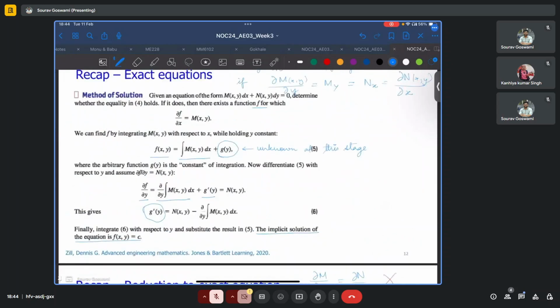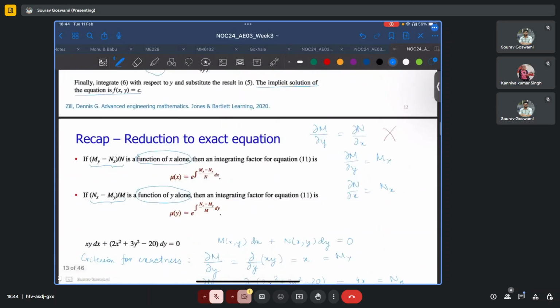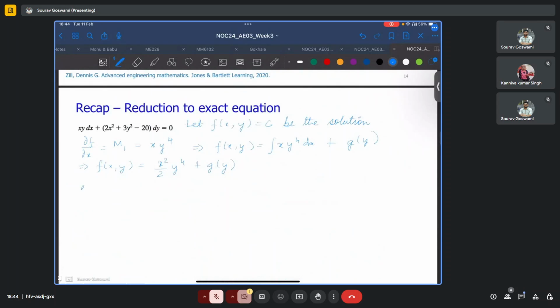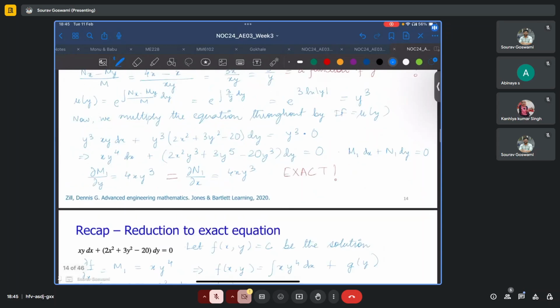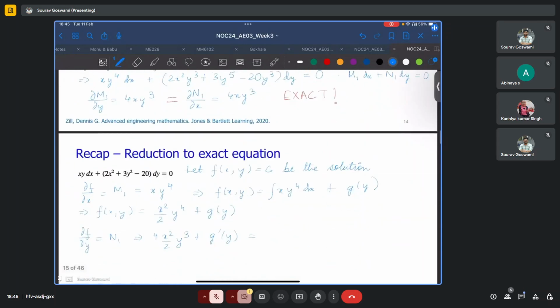was now to differentiate ∂f with respect to y and set it equal to N. So ∂f/∂y equals N, which would imply ∂/∂y of this equation is 4 times x square by 2 y cube plus g prime of y equals N. N is 2x square y cube plus 3y power 5 minus 20y cube.